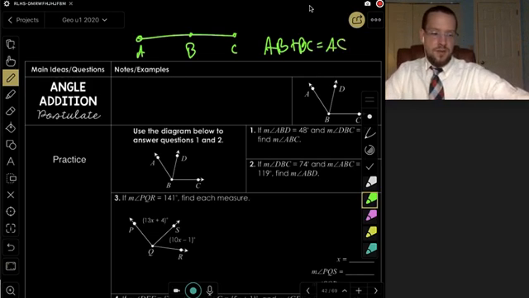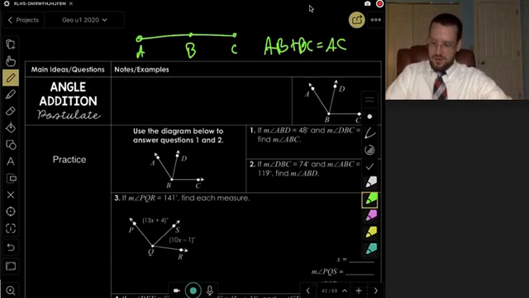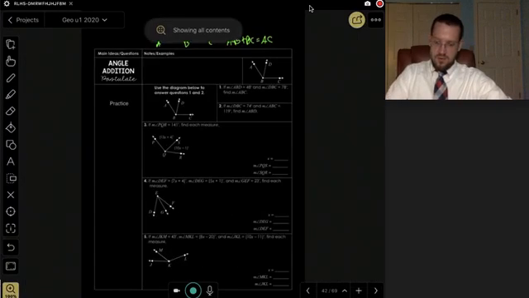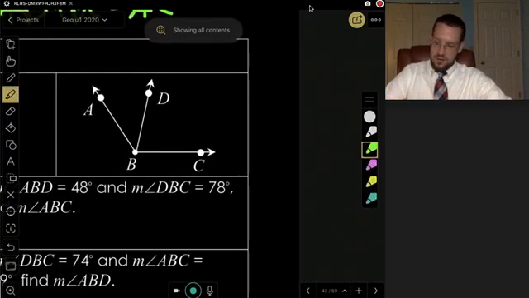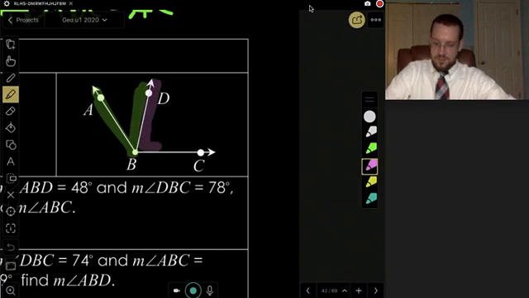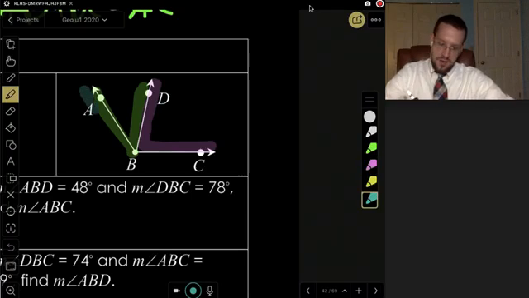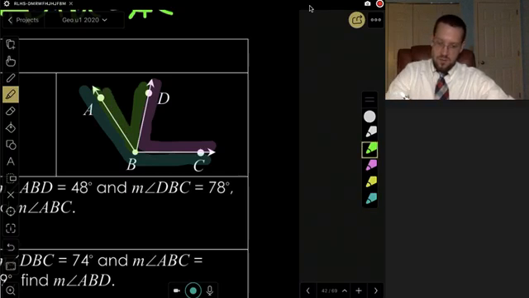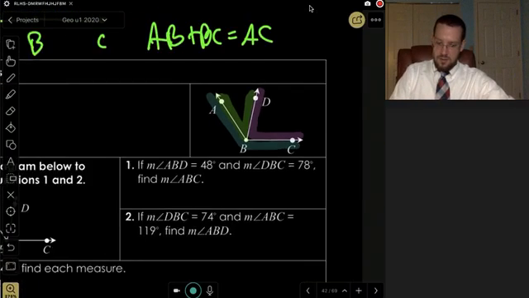And here we see something very similar. What we have here is different angles. So I'm going to zoom in on these and then color code them. I'm going to make this one green, this one pink, and the whole thing blue, on the outside. That way we can see what measures we're going to be adding.